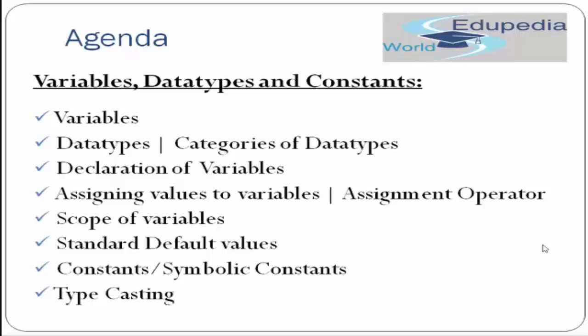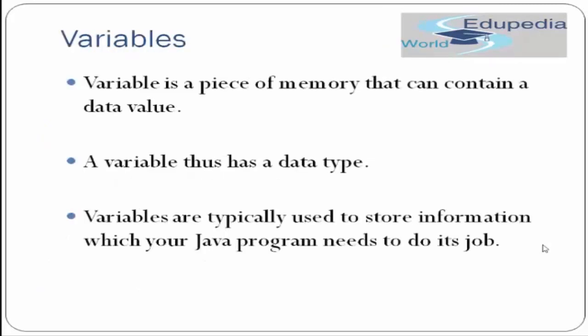So, beginning with variables in Java. A variable is a piece of memory that can contain a data value. As we know, a variable does contain some memory, and that memory location can contain some value. A variable thus has a data type.